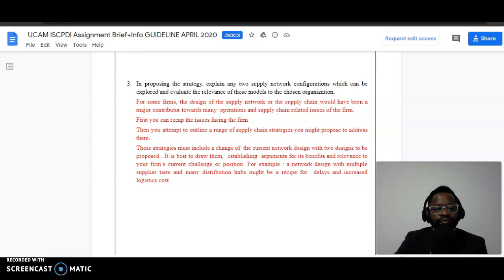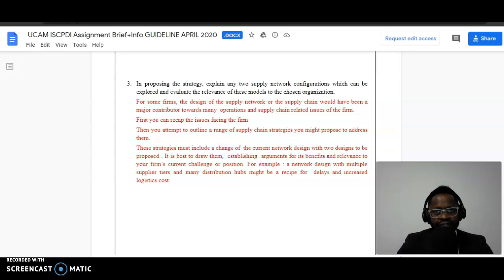Think about it. So these strategies must include a change of the current network design, with 2 designs to be proposed. Now, a student did ask me if we need to do 3. In other words, do we need to showcase the existing design and then create 2 more? No. You don't need to overwork yourself. Just propose 2 design models. If you want, you can showcase the existing one, but propose 2.